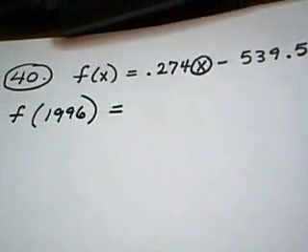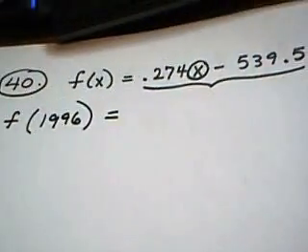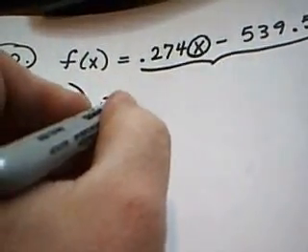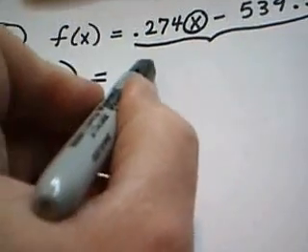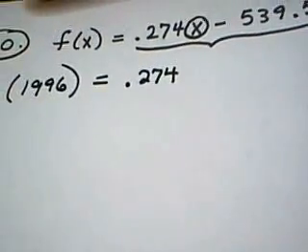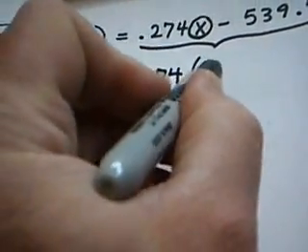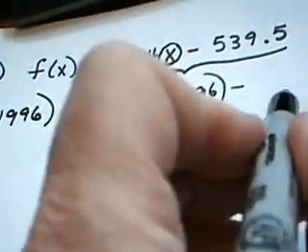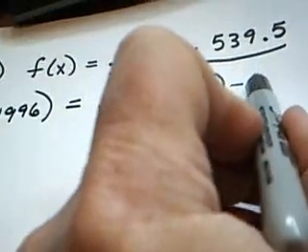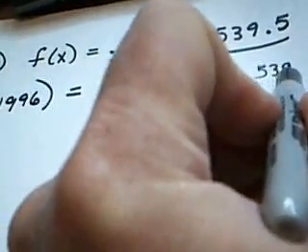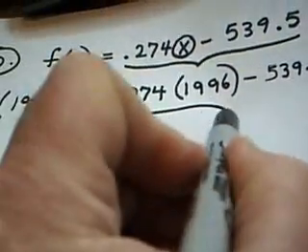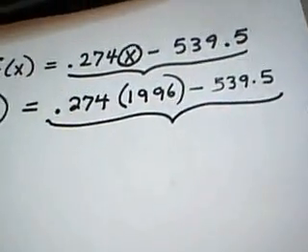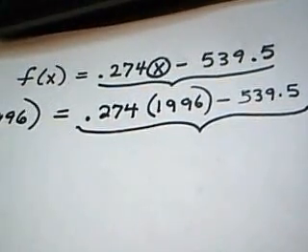And in this particular model, when we're evaluating the y value, x only appears once. So we have 0.274 times 1996, and then of course minus 539.5. So to get your answer for this problem, we need to simplify that.